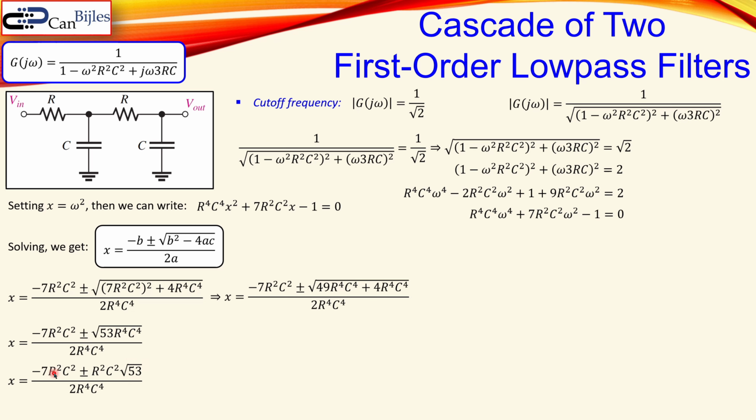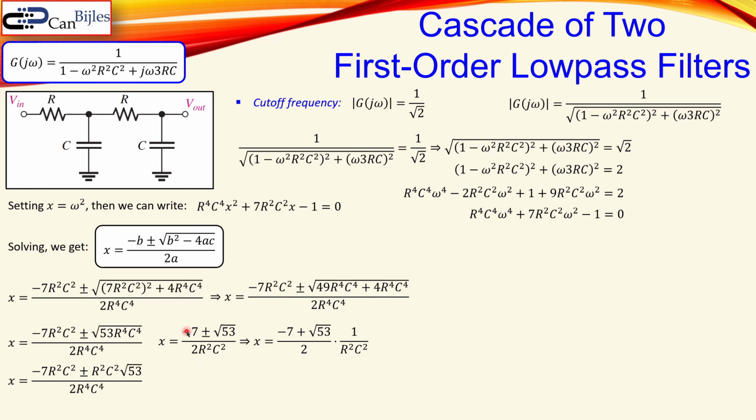Now we can divide out the R squared and C squared from the numerator and denominator, and that will be like so. So we will have only -7 here, and here plus or minus the square root of 53, and here of course only R squared and C squared, also that's 2. Now we will recognize the following things, because I can write this as shown here.